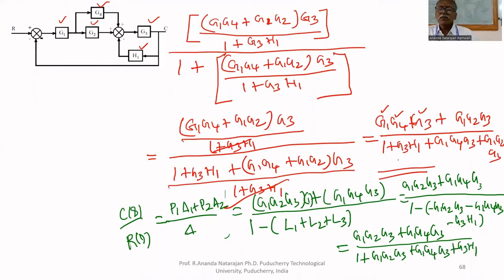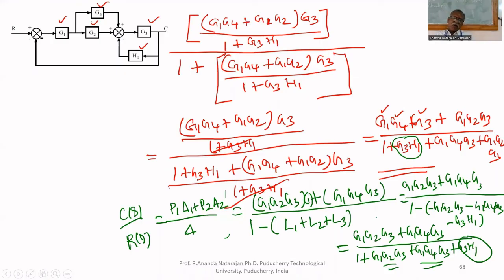We got G3, H1 in the 1 plus, here also. Yes, G1, G4, G3 is there, G1, G2, G3 is there, and the numerator G1, G4, G3 and G1, G2, G3 are also there. In both methods, we got the same result.